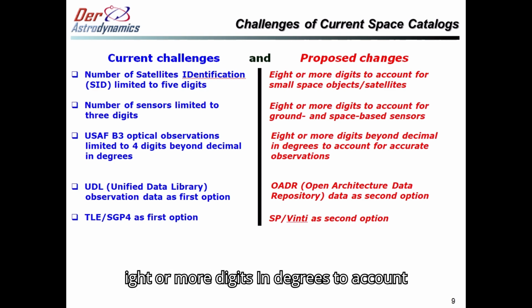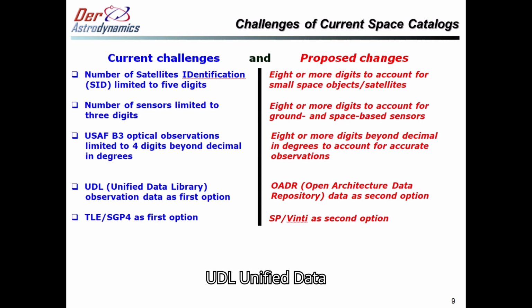Change: 8 or more digits in degrees to account for accurate observations. Current: UDL, Unified Data Library, as first option. Change: the commercial OADR, Open Architecture Data Repository, as second option. Current: TLE HGB4 use as first option. Change: SP Windty use as second option.